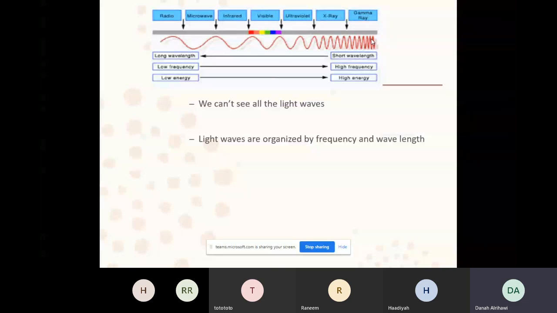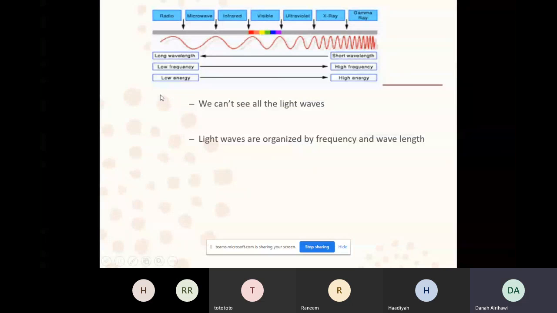And what about the frequency? On the left, they have low frequency. Low frequency means low energy, while on the right they have high frequency, high energy.